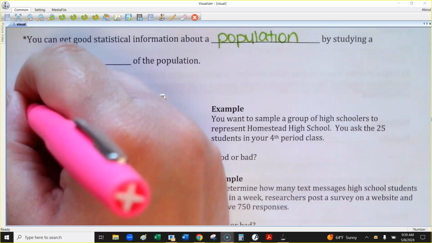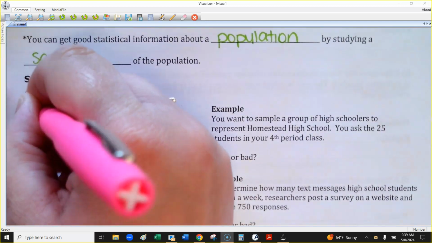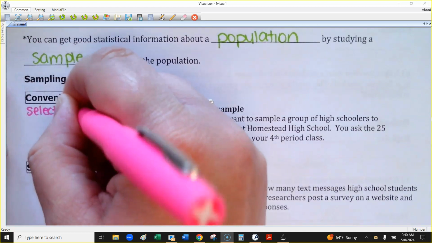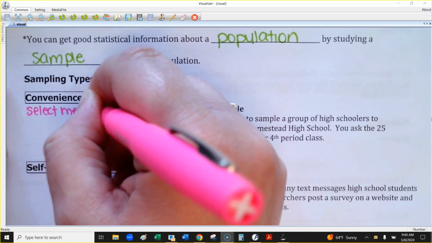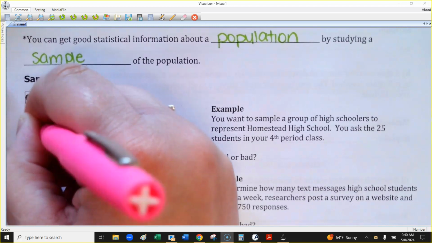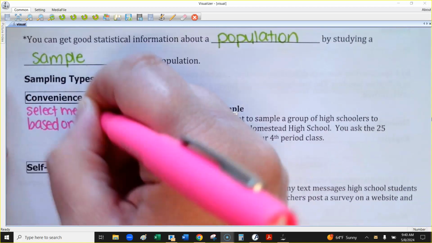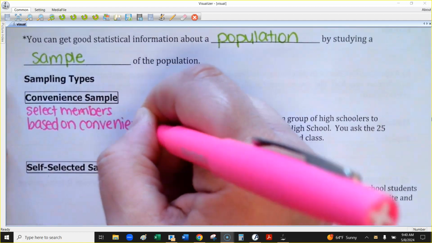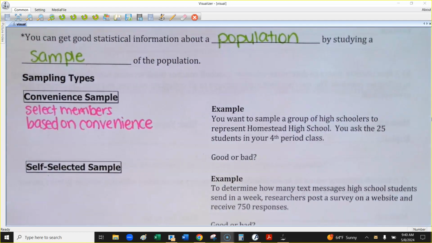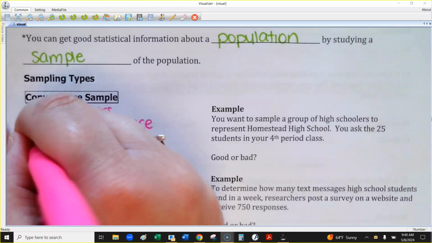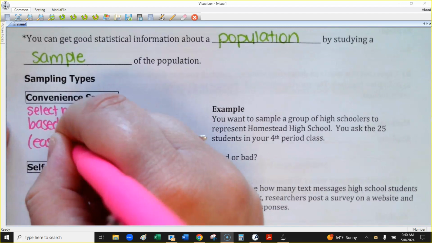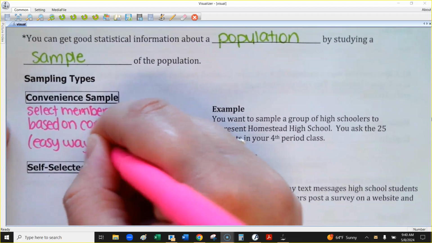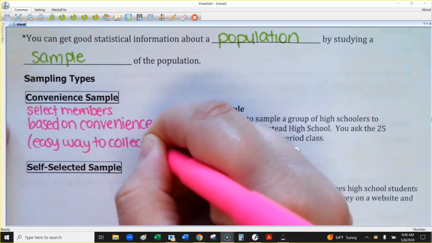And basically here you select members based on convenience. So like, what would be an easy way, this would be easy for me to do.